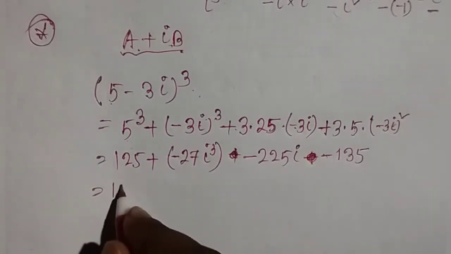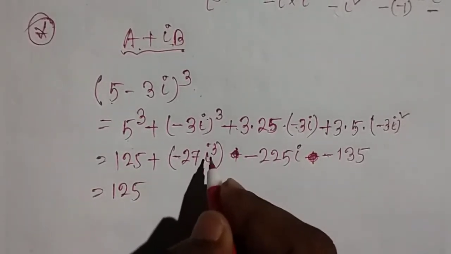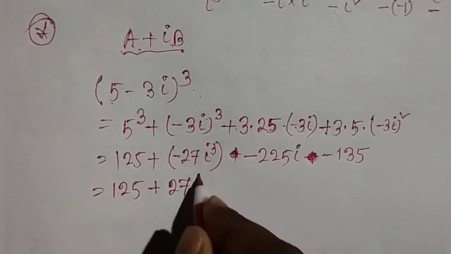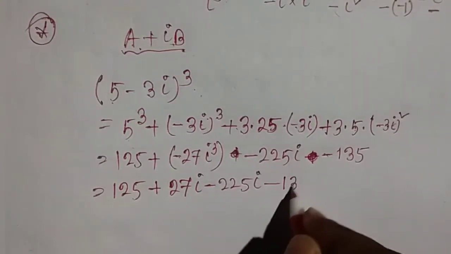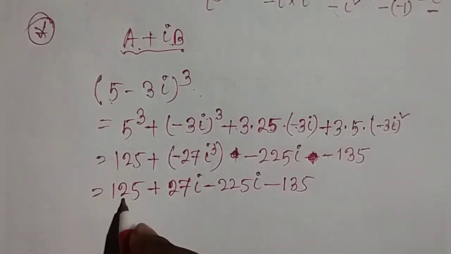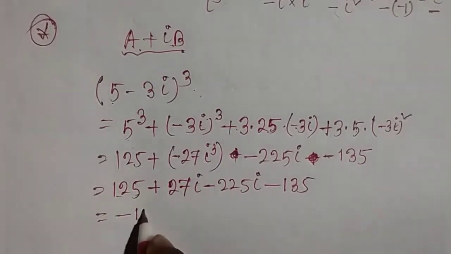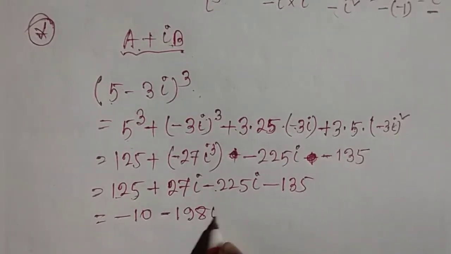Now again 125, here is minus, and the value of i cube is also minus i, so here is 27i minus 225i minus 135. Now add or subtract 125 minus 135, that means minus 10, and here is minus 198i.